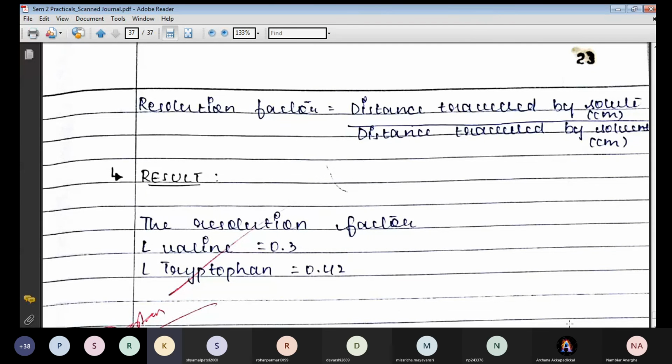Can I say something? Yes, Khushbu, please. Ma'am, I just want to ask how many maximum compounds we can separate using TLC at a time? I mean, 3, 4, or maybe more than that.